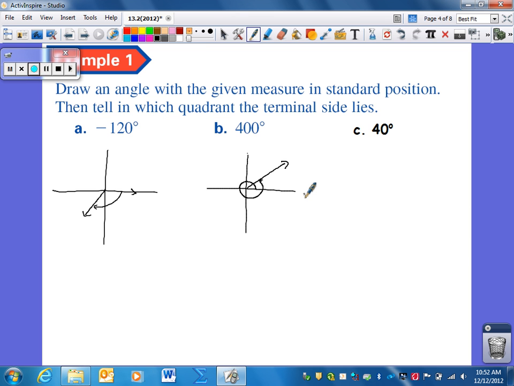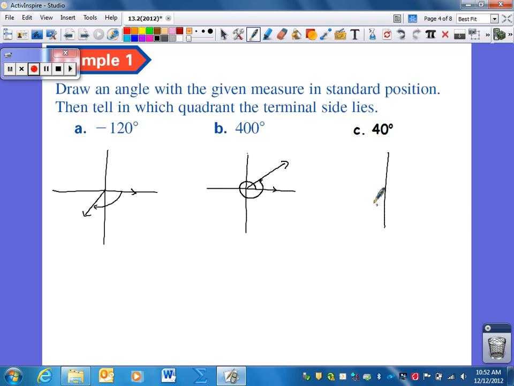So you have to signify that you did one full rotation and then the additional 40 degrees. Otherwise, if you just draw that terminal side in, we're just going to have to assume it's a 40-degree angle and you didn't go 400 degrees. You probably should. I don't know that we'll mark that wrong, though.